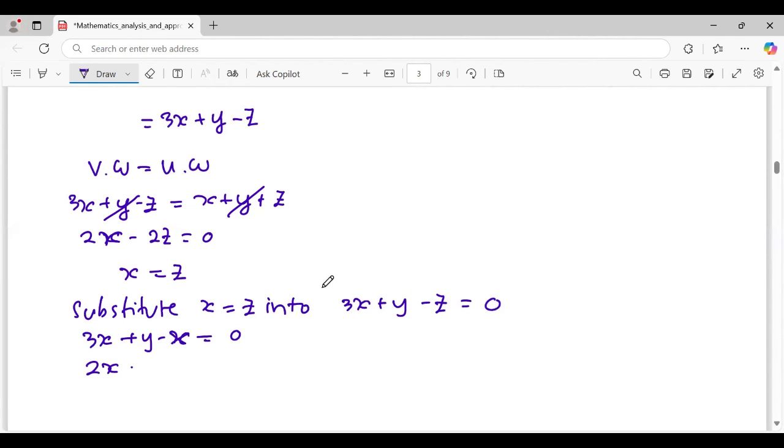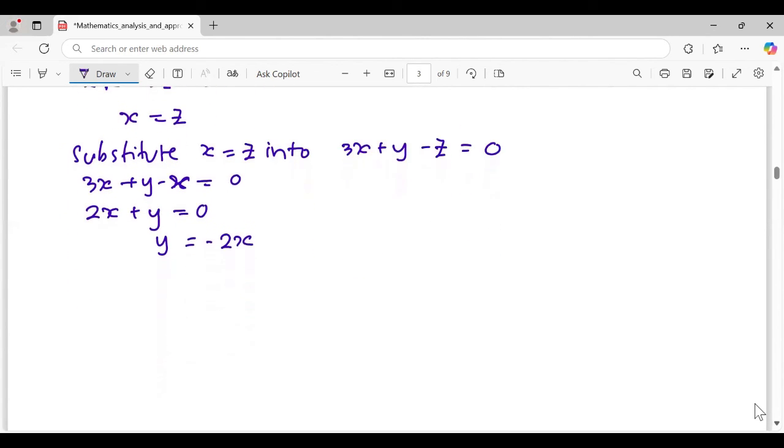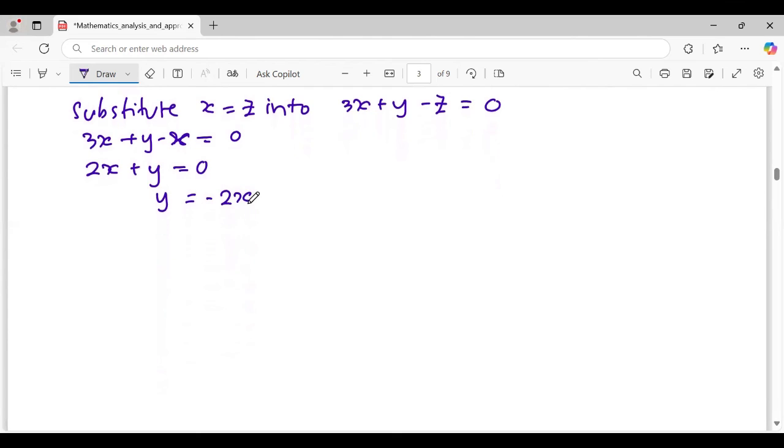Because X equals Z, this Z becomes X. So 3X minus X, 2X plus Y equals 0, or Y equals minus 2X. Okay, Y equals minus 2X.